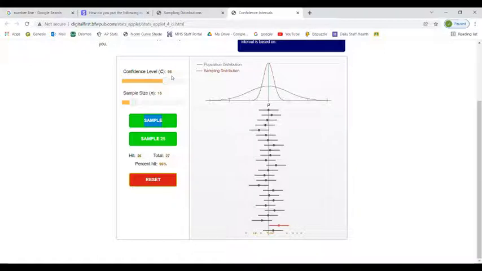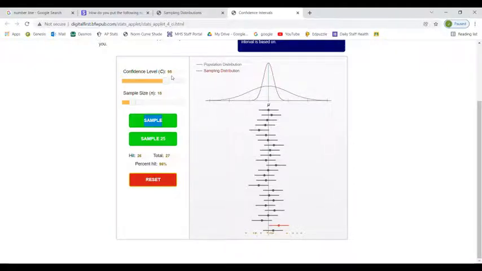It means if we take many samples from the population, and for each sample we calculate the x bar and then create a confidence interval using plus or minus the margin of error, and we use that procedure consistently and many times, the resulting confidence intervals will capture the true parameter in 95% of the cases.